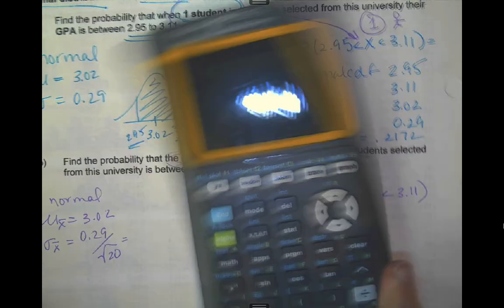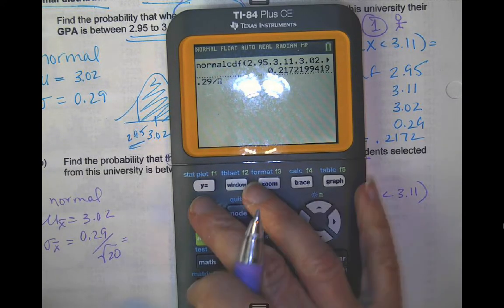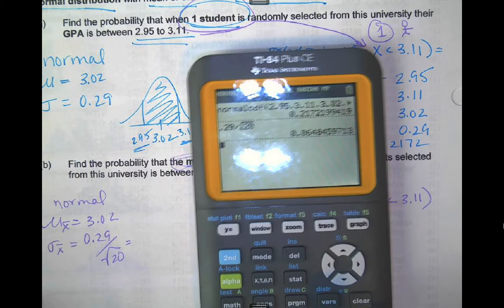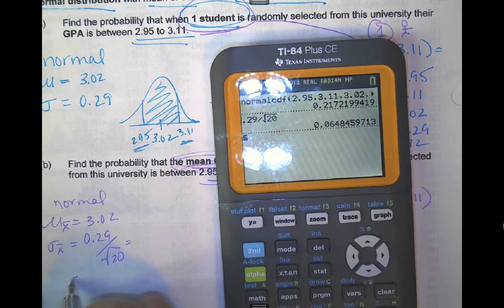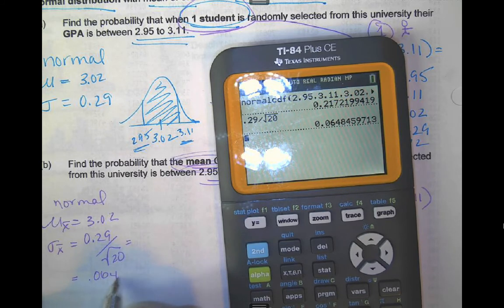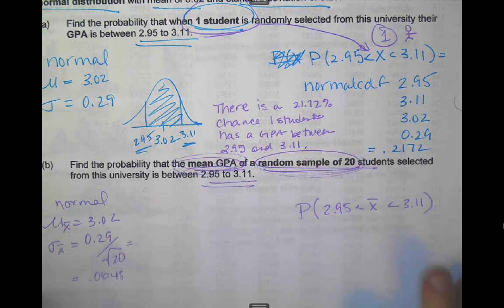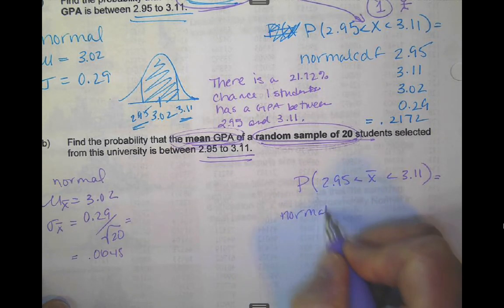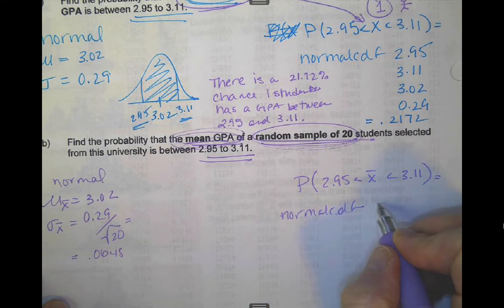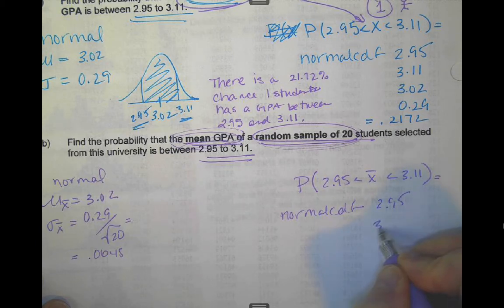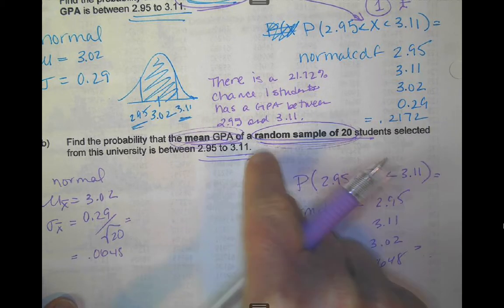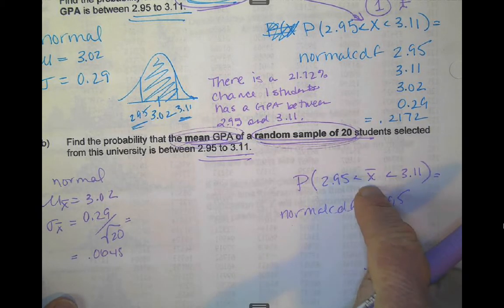I do that math. Oh, just like at school, there's a glare. Isn't that comforting? Alright, so 0.0648. So over here, I've got my normal CDF, with my lower bound, my upper bound, my mean, and my new standard deviation, because I'm talking about the likelihood that the mean is between these two numbers.